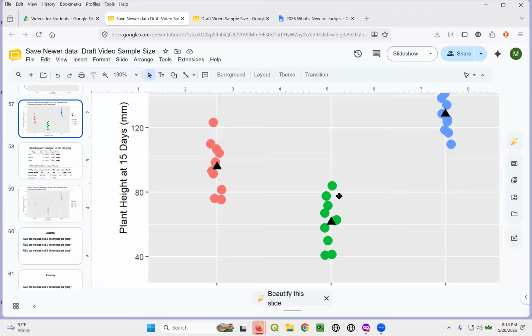I mean, I can pretend this is up and this is down. I could do this one and this one, but as soon as I add another point, I've decreased the variance, which is what you want to do.